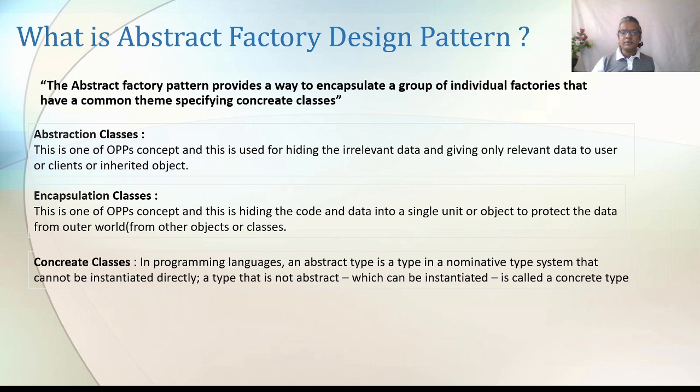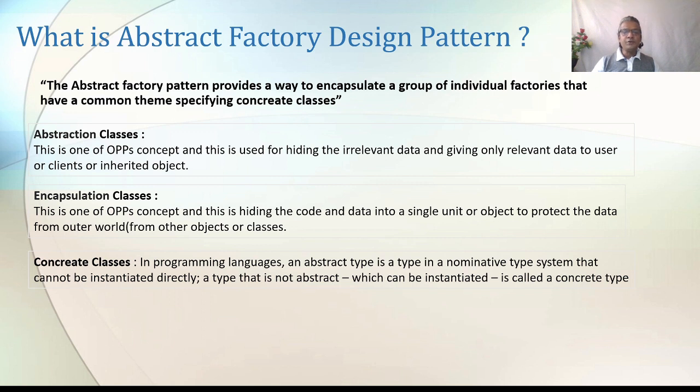Let's move to the concrete class. In a programming language, an abstract type in a nominal type system cannot be instantiated directly. That means when we have created an abstract class, abstract functions, or abstract type objects, we don't have an option to create an instance of that particular class.